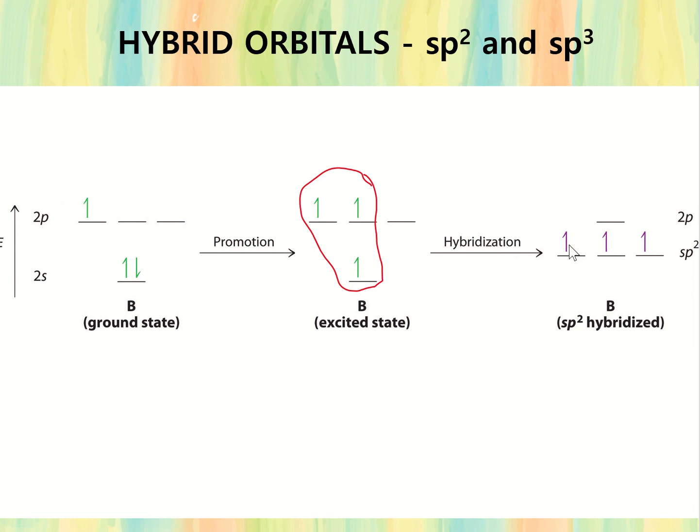So we have three sp2 hybrid orbitals, and then we also have one 2p subshell that is still unhybridized and vacant here.